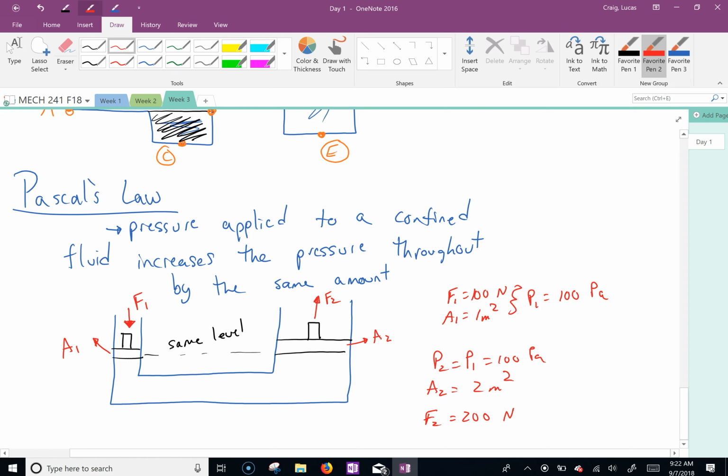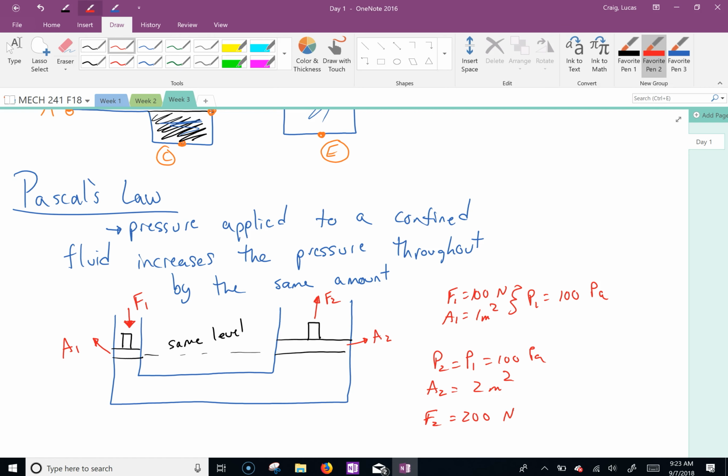Okay, so Pascal's law basically states that the pressure applied to a confined fluid increases the pressure throughout by the same amount. So for example, say these two pistons are at the same level. The easiest way to think about this is initially thinking about that first. This area over here is 1 meter squared, and this one's twice the size.